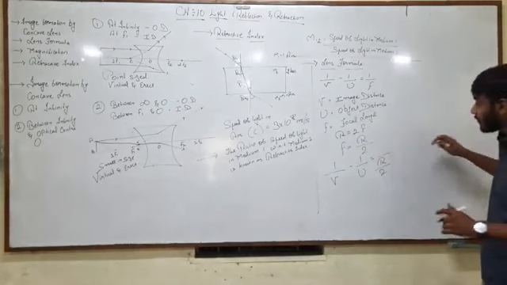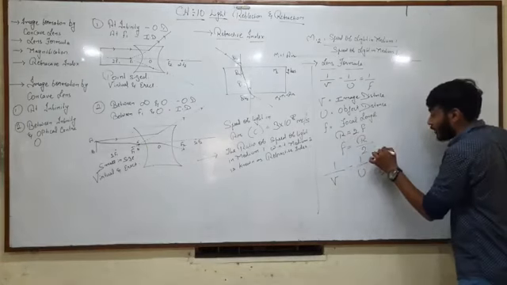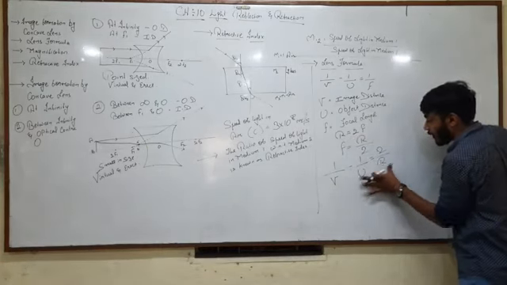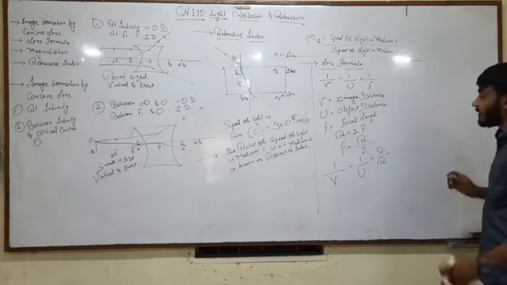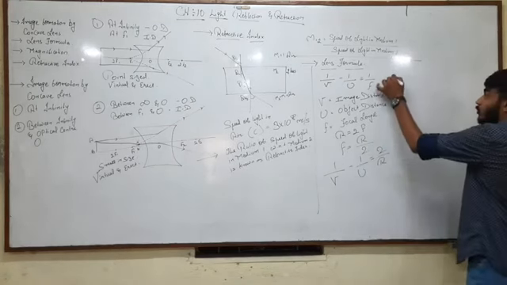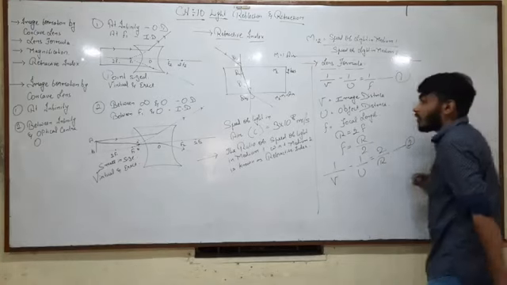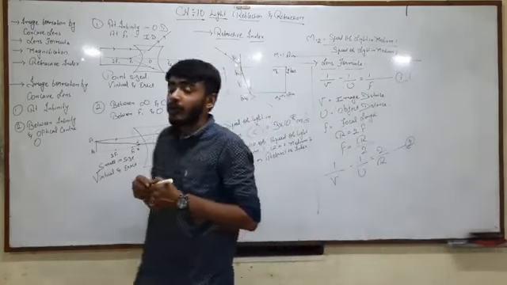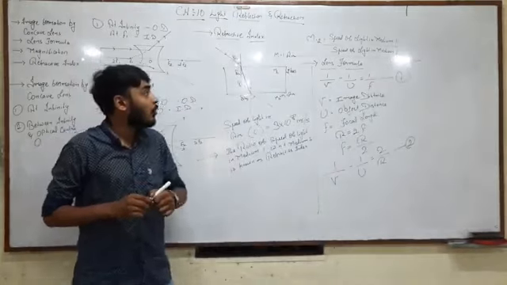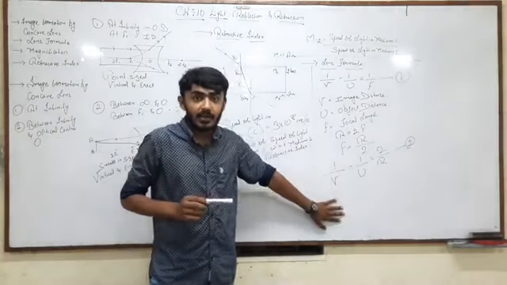Now the 2 gets shifted over there, and so that becomes 2 upon R. So this is your final formula for the lens formula. You can use either of the two. I hope you are clear with this.